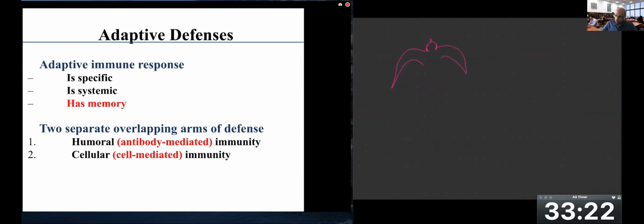You can't fly with one wing. You're relying on both the humoral immunity and the cellular immunity in the adaptive immune system. Again, humoral immunity is going to be mediated by the B lymphocytes.